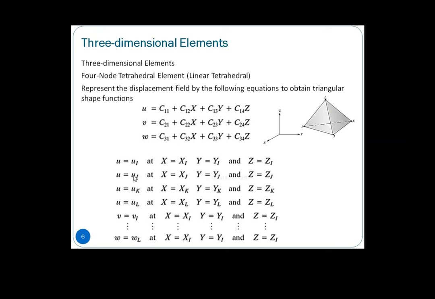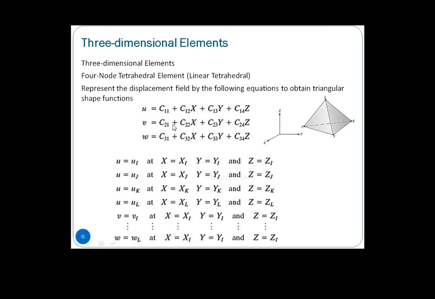Then, for the first one, if we set U equal to UI when X equals XI, Y equals YI, Z equals ZI, like what we have done previously in deriving the shape functions, we need 4 conditions to find these 4 unknowns. Using this, we will find C11, C12, C13, and C14.